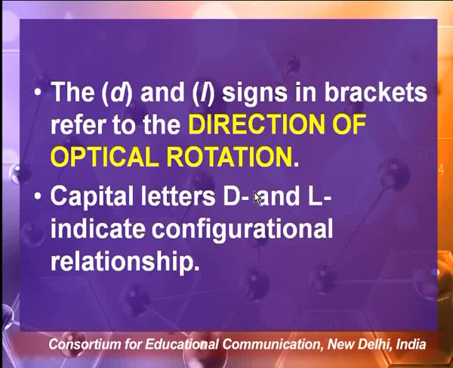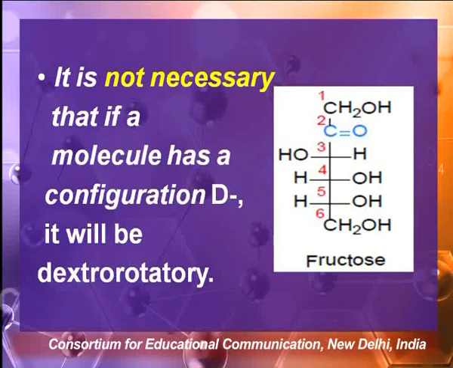Now, the thing that we have to keep in mind is that small d and small l signs which are in the brackets refer to the direction of optical rotation, whereas capital letters D and L indicate the configurational relationship. And it is not necessary that if a molecule has configuration capital D, it will be dextrorotatory.